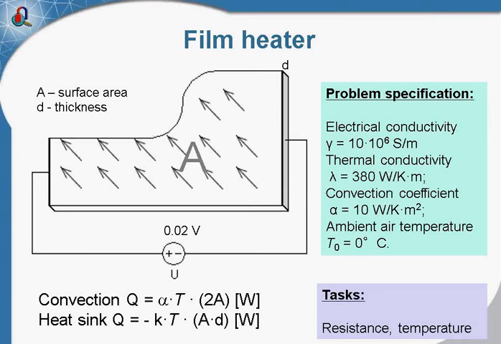And the ambient air temperature is 0 degrees Celsius. Our task is to calculate the resistance, the current distribution, and the temperature of this film heater. Let's start with the electric part.